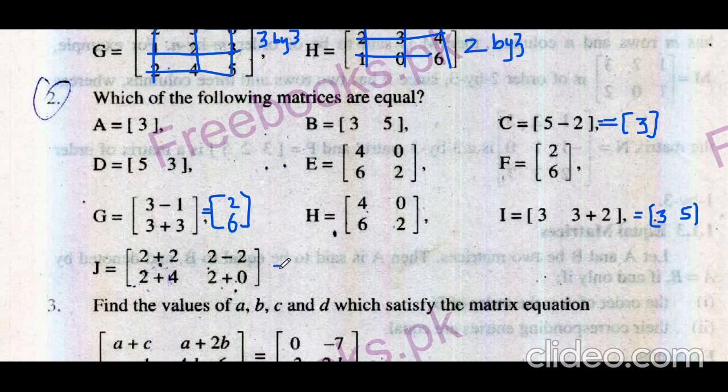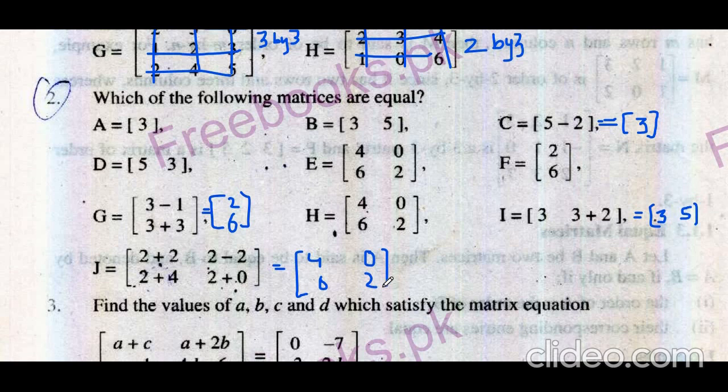Entries of matrix J: 2 plus 2, 4, 2 minus 2, 0, 4 plus 2 or 2 plus 4, 6, and 2 plus 0, 2. Now just compare all the matrices, those that are equal and those that are not.